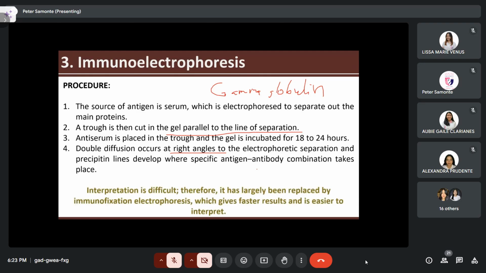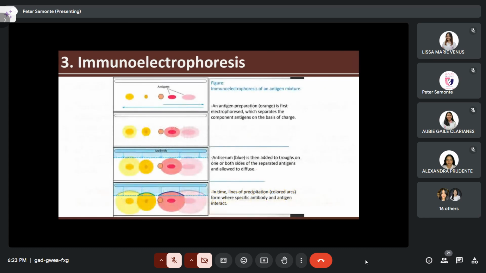Interpretation is difficult class, therefore it has largely been replaced by immunofixation electrophoresis, which would give faster result and is easier to interpret. So ito yung immunoelectrophoresis nyo class.